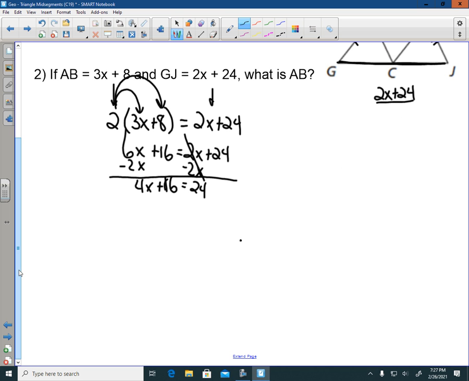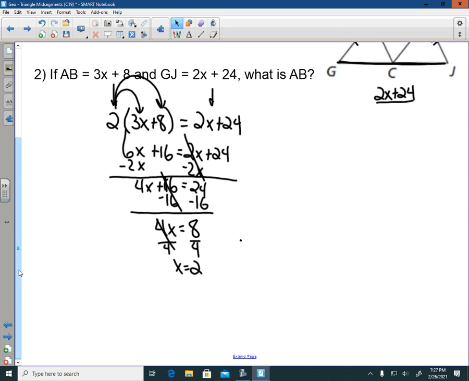Yay. So now we'll subtract 16 from both sides. That creates this cancellation. 4x equals 8. And then divide both sides by 4, creating this cancellation, and x equals 2. Fantastic.